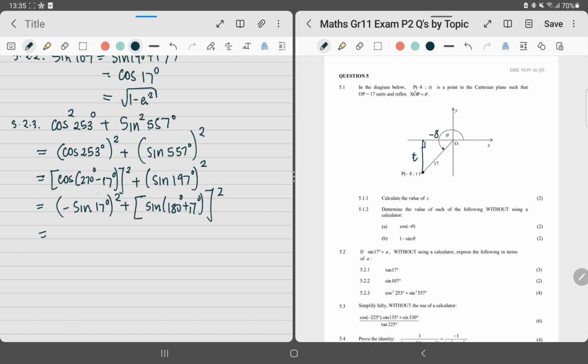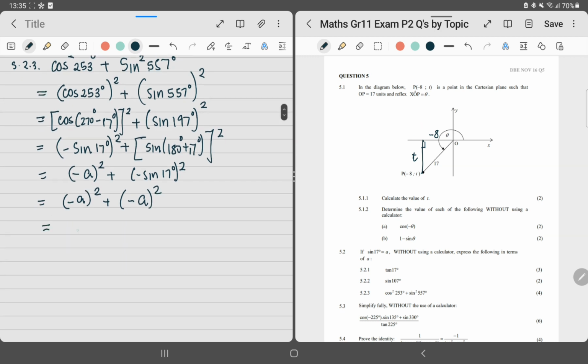But sine of 17 is given as a, so this is minus a squared plus. 180 plus is in the third quadrant. Sine is negative there. Sine of 17 is a. So I have a squared plus a squared, which is equal to 2a squared.